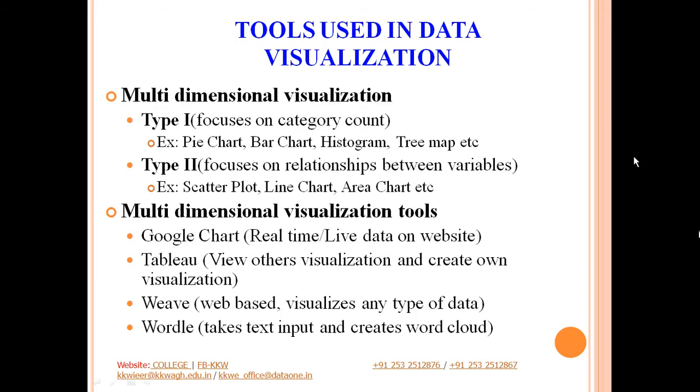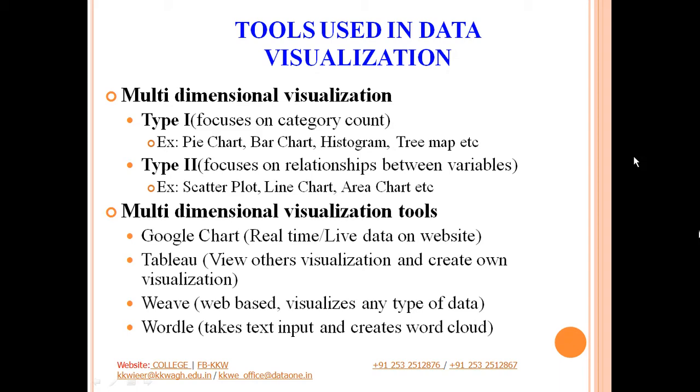When we discuss these tools that can be used for visualization purpose, broadly these tools can be divided into two categories. First is multidimensional visualization, and second is multidimensional visualization tools. We will see them one by one. Multidimensional visualization again has two subcategories, type 1 and type 2.